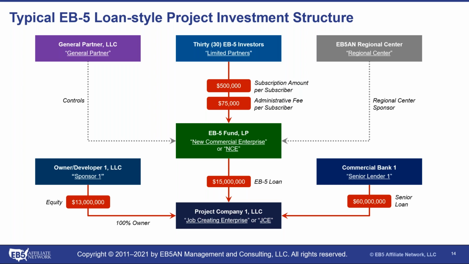The question becomes, how do you cut the pie? Because the agent may or may not be entitled to continue to earn a commission. The investor may not be satisfied after 5 or 6 years with getting a very small rate of return. And the regional center wants a slice, and the manager wants to be paid for the efforts it's providing.